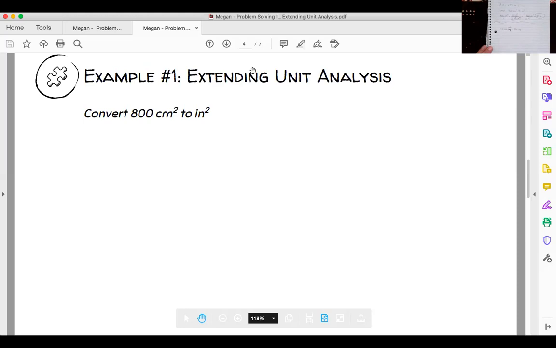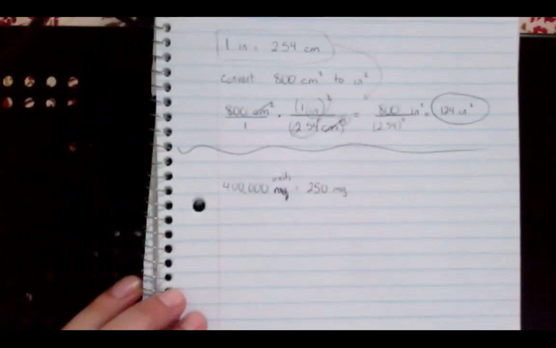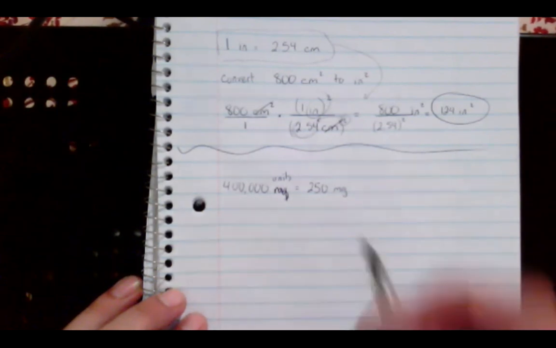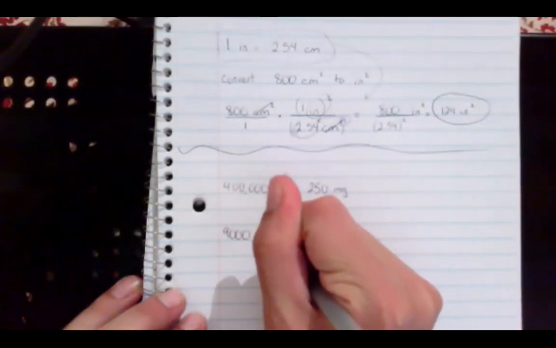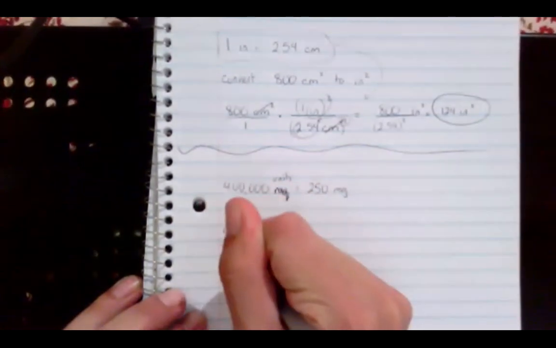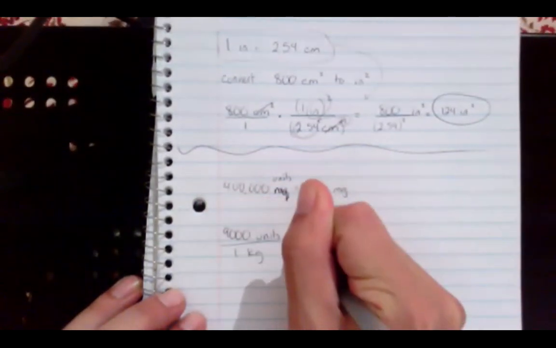And so for that, we start with the dose. So we know to begin that our dose is 9,000 units per kilogram. I'm going to start with writing out my 9,000 units over 1 kg.